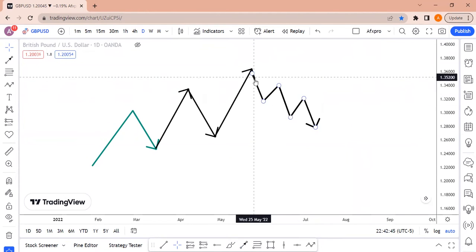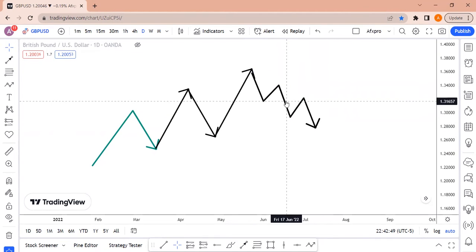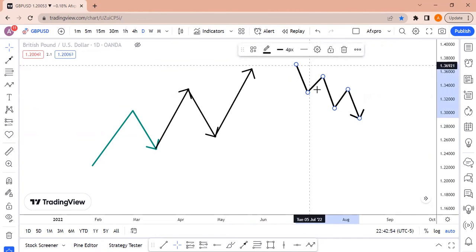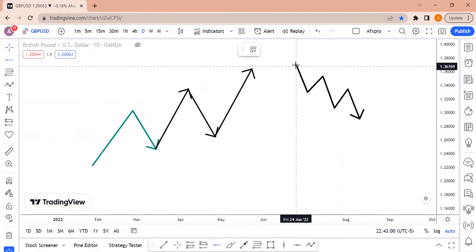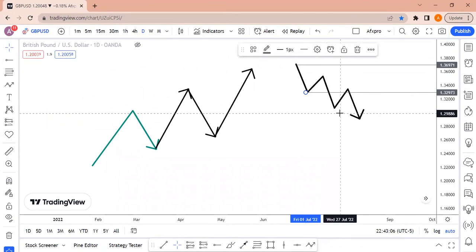This complex pullback you are seeing here on this time frame, let me pull it out. This complex pullback you are seeing is just ranges. From here to here was my first focus, and then price got out of that range.